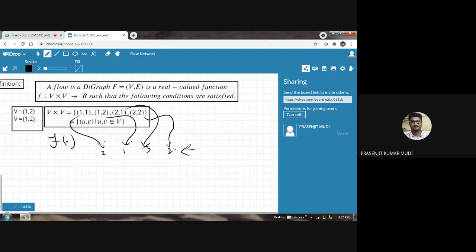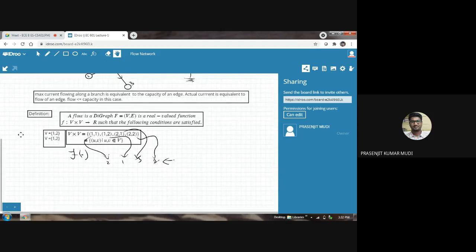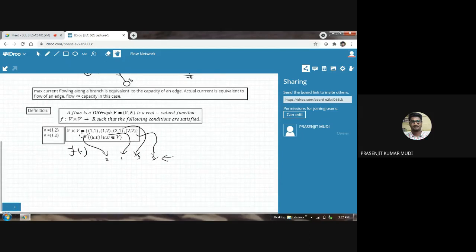What is the flow of an edge? These are the flows of these edges. That is the meaning of a flow in a network. Okay, so this is an example.